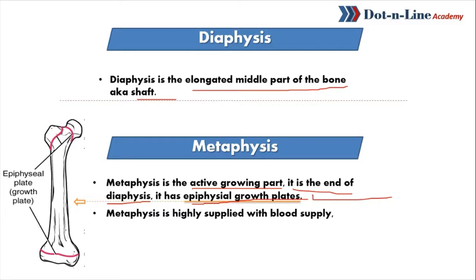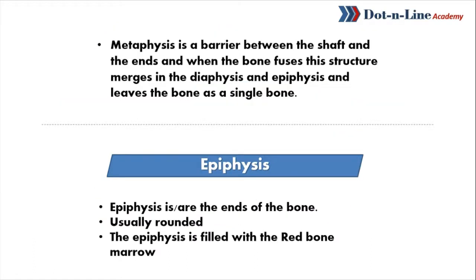This is very important: the epiphyseal growth plate is at the end of the metaphysis, at the side of the epiphysis. This growth plate is responsible for the elongation and development of that bone. The metaphysis is highly supplied with blood vessels, as development is occurring there. The metaphysis is a barrier between the shaft and the end, meaning the epiphysis.